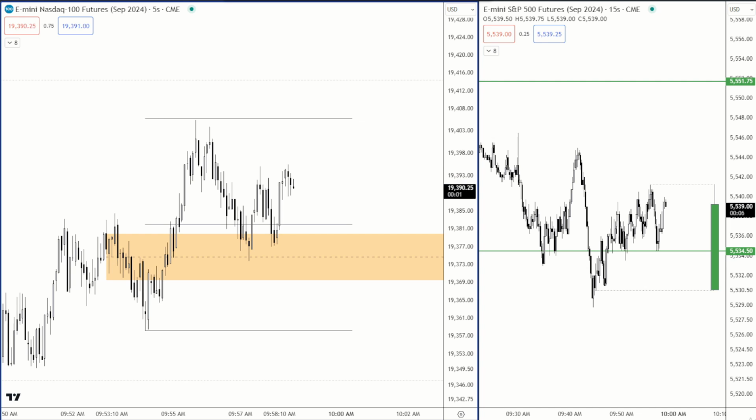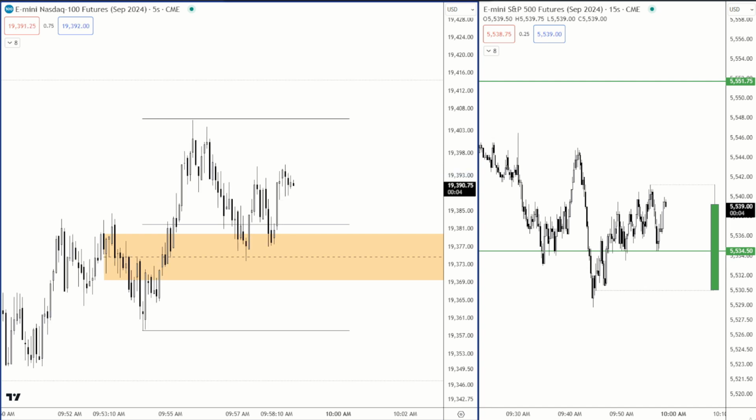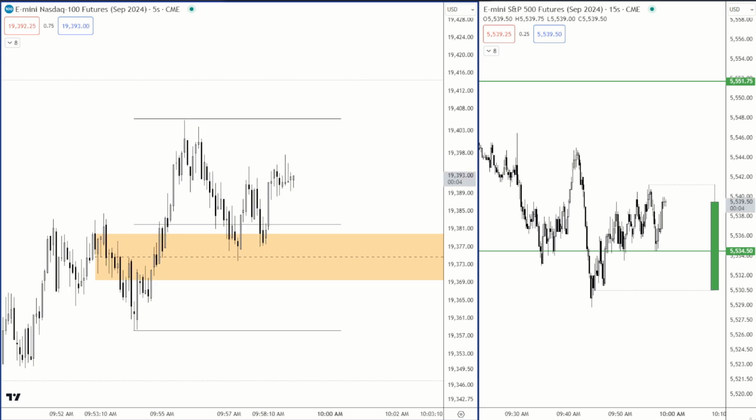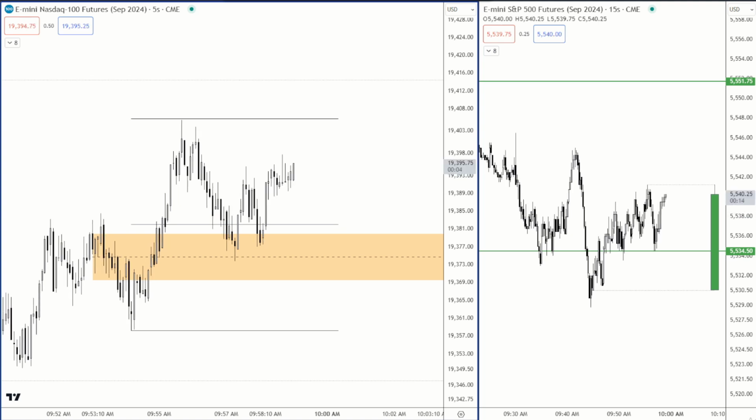Not really liking this rejection at this high here. Right? I want to see us expand through this now. I'm gonna let it sit though because I have quite a low entry and it's likely just an expansion, consolidation, expansion.